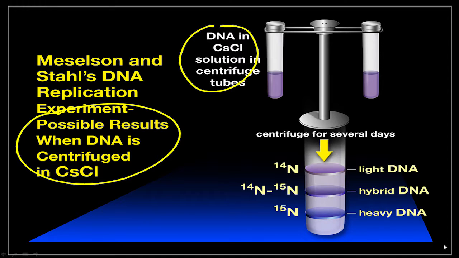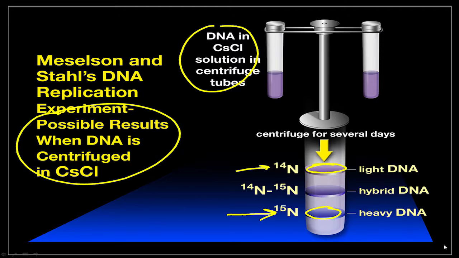And they got a marker, a reference. In other words, at this spot, they knew that DNA that contained all 15N, all heavy nitrogen, would get spun down to this area right here. Then they could also do it if it was just 14N, right? In other words, grow the cells on normal nitrogen, extract their DNA, spin it down, and that ended up over here.